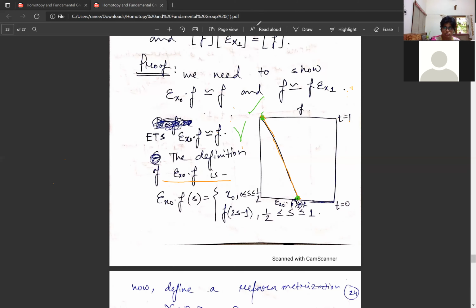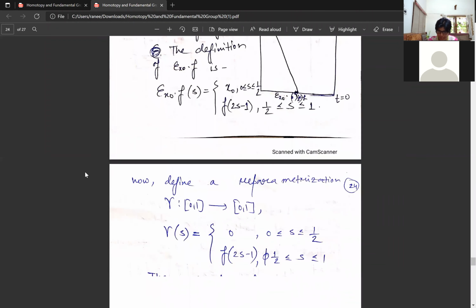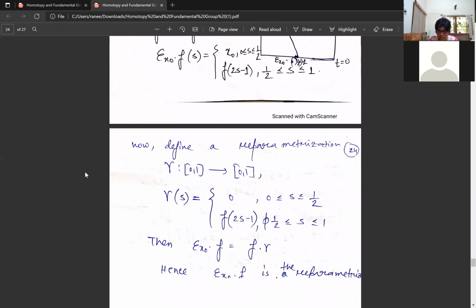Okay, so look at the definition of epsilon x naught dot f. It means that the first half is epsilon x naught of s, which is x naught, since it's a constant path, from 0 to half, and then from half to 1, it is f of 2s minus 1. Okay, so now define a reparametrization. I think it is intuitive to see what the reparametrization will be.